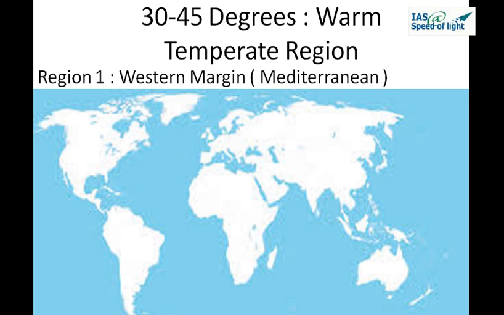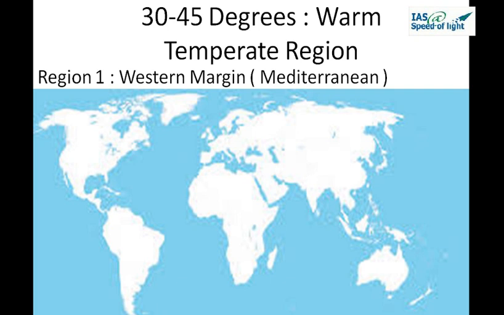So this 30 to 45 degrees region we are going to call the warm temperate region, and the first thing we'll focus on is the western margin of the continents, then the interior of the continent, and after that the eastern part of the continent. Similarly, 45 to 60 degrees latitude will be the cool temperate region.